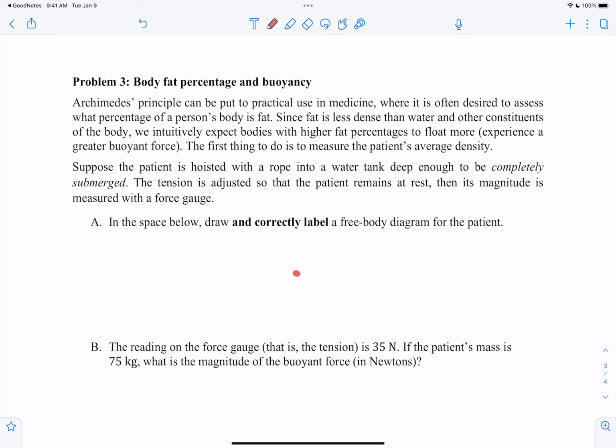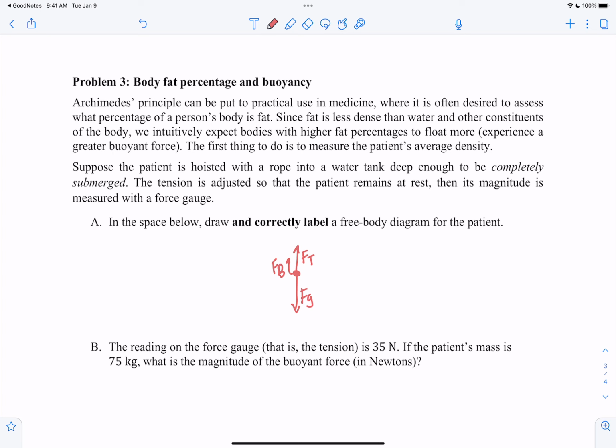So yeah, gravity's downwards for sure. Buoyancy's pointing upwards, right? And then tension would actually be pointing upwards, right? Does that make sense as to why that's the case?